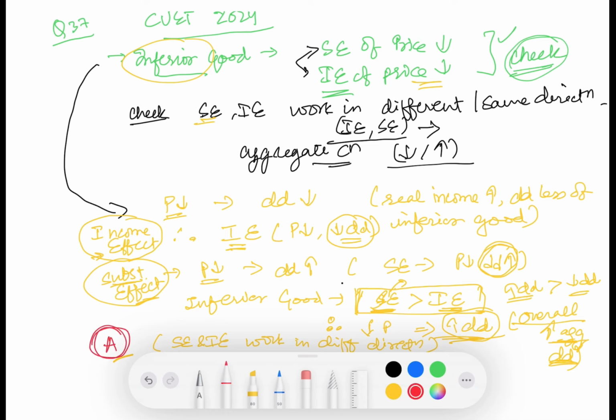The answer is option A, where they both work in different directions, and overall there is an increase in demand, which is not the case in any of the other options. So therefore this is the option, right?